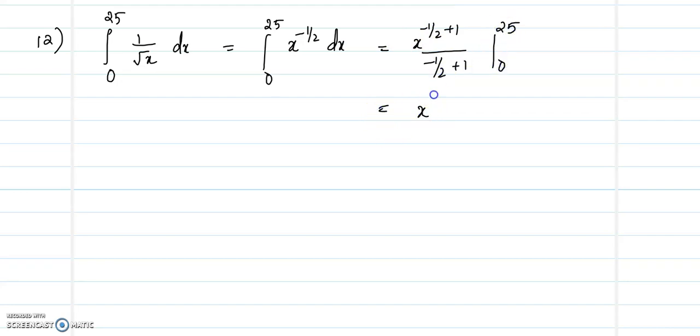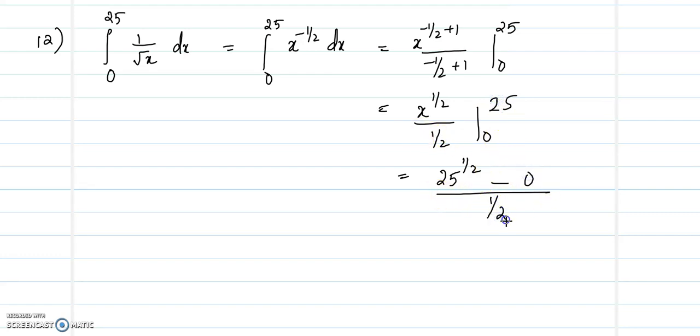So that will be x raised to 1 by 2 by 1 by 2 from 0 to 25. So we will get 25 raised to 1 by 2 minus, at x equal to 0, 0 by 1 by 2. So that will be 5 by 1 by 2, which is equal to 10. So the integral value will be equal to 10.